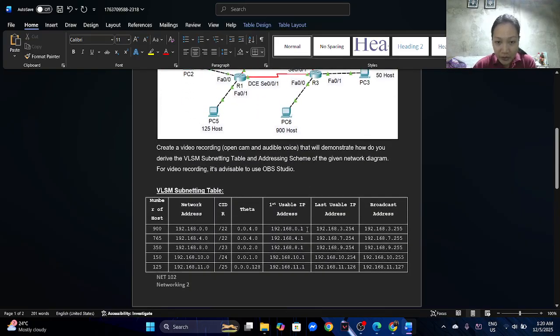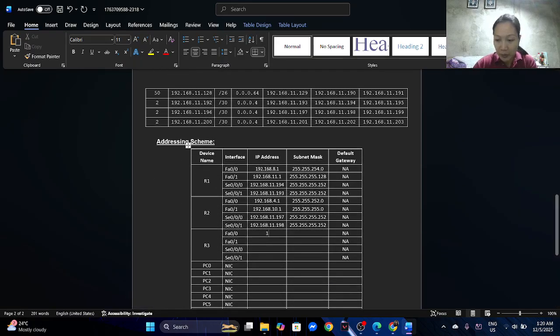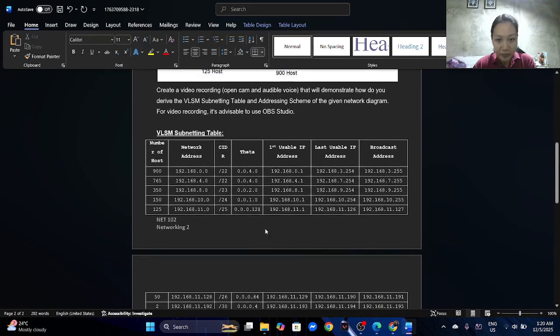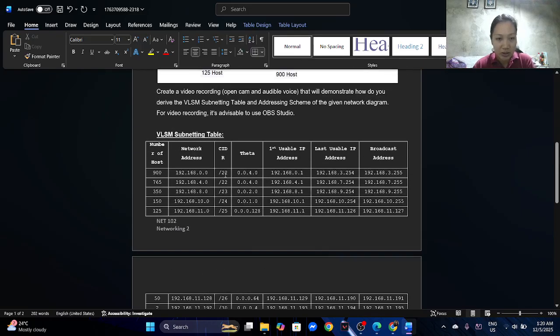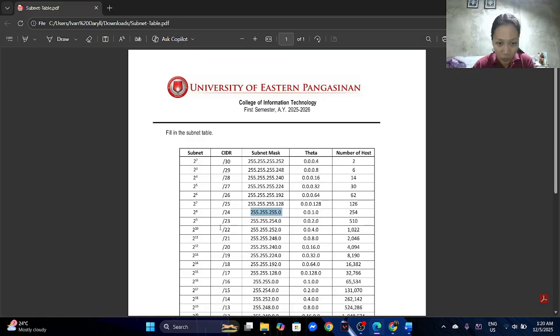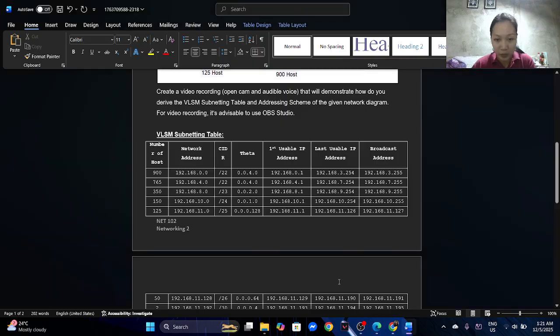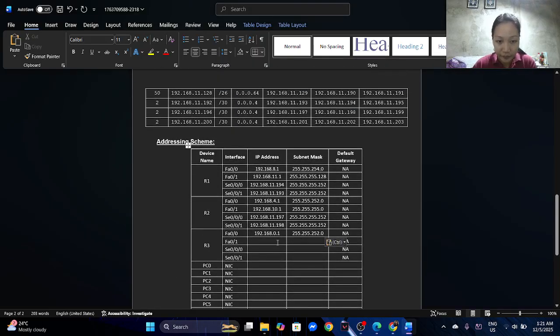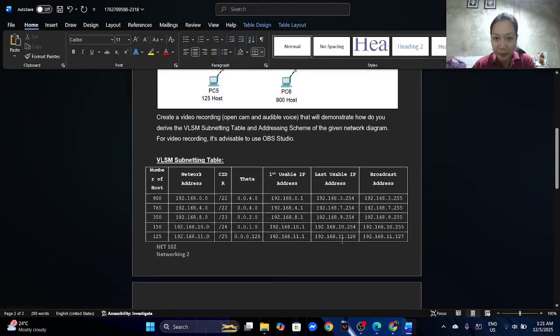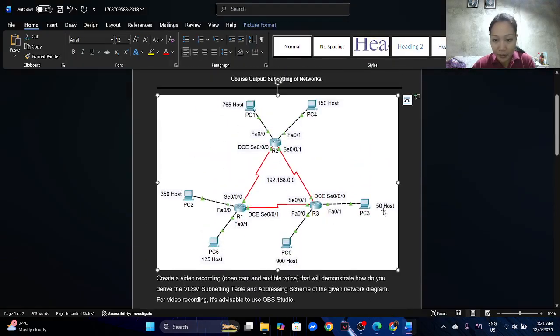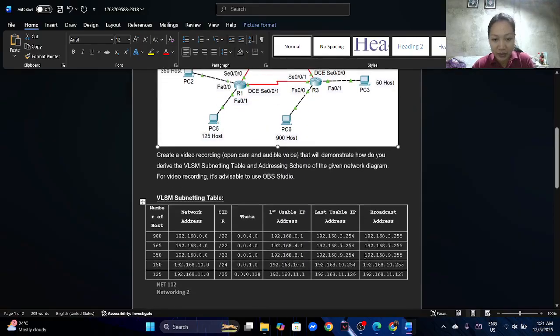Host 900, first usable IP address is 192.168.0.1, and 900 host is CIDR /22. CIDR /22 is equivalent to 255.255.252.0, and FA01 is host 50.